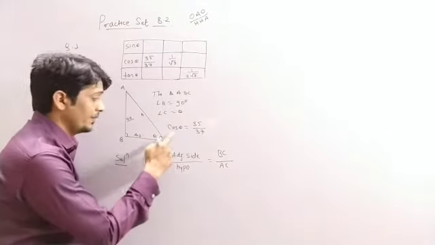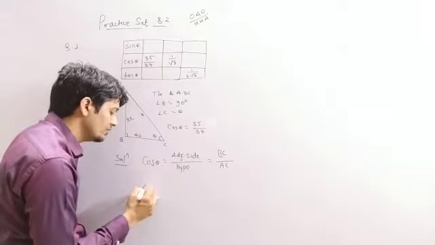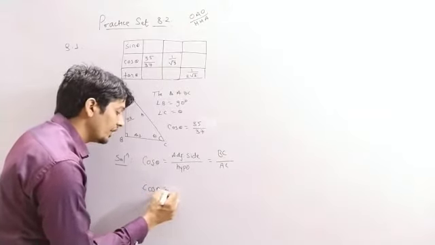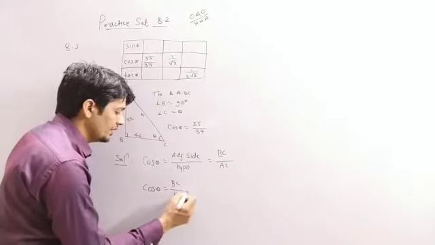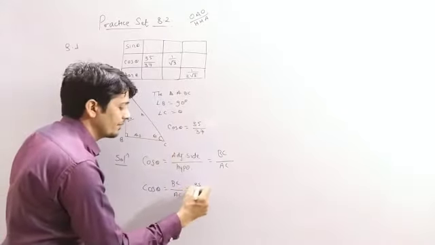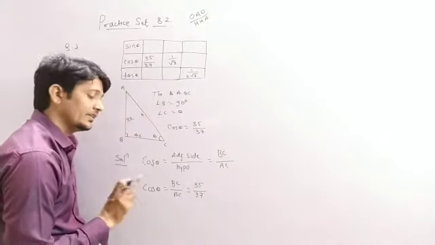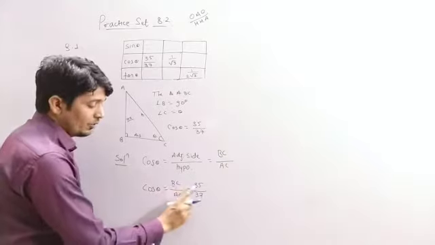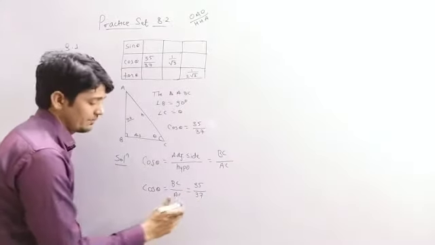Therefore, by comparing with the given value, we can say cos theta equals BC divided by AC, which equals 35 divided by 37. That means the length of BC is 35 and the length of AC is 37.